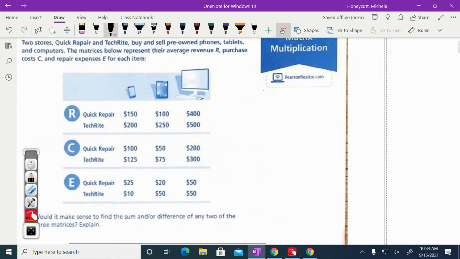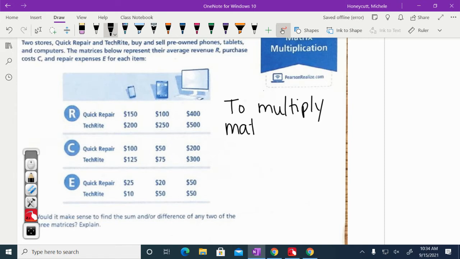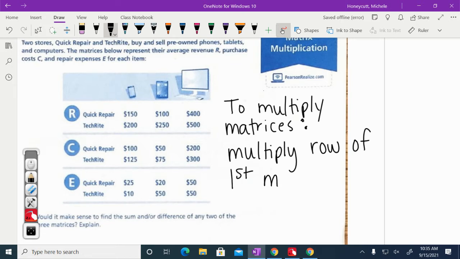So let's take some notes right here. To multiply matrices, here's what we do. We're going to multiply the row of the first matrix by the column of the second.